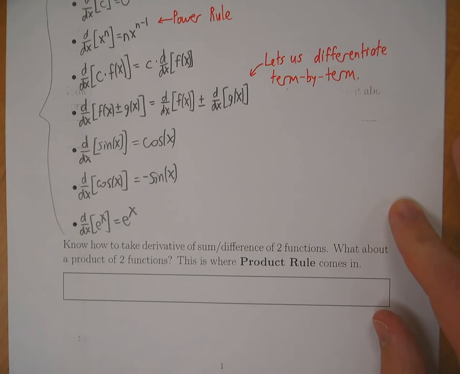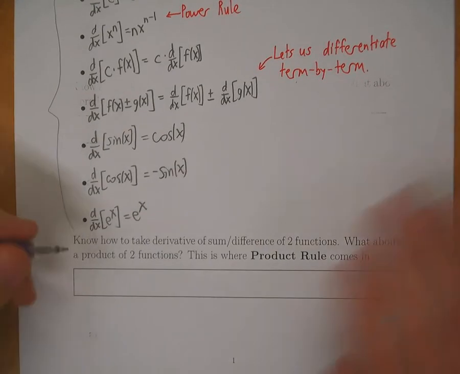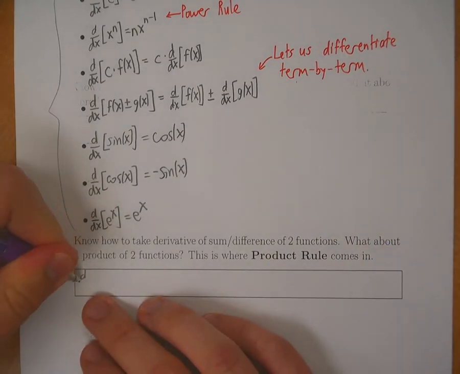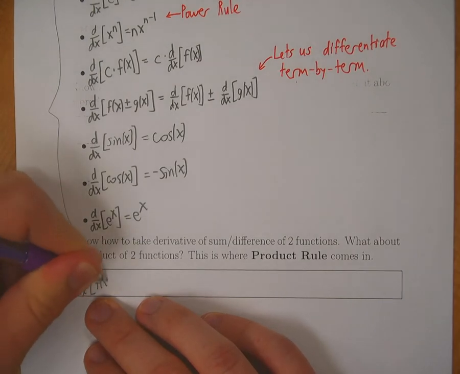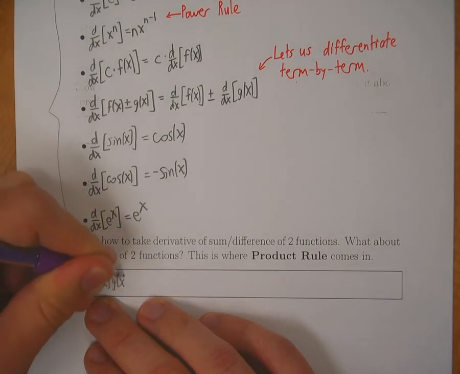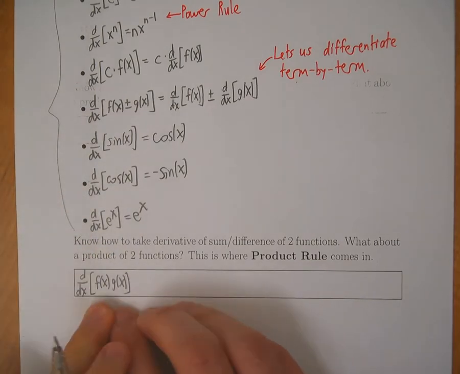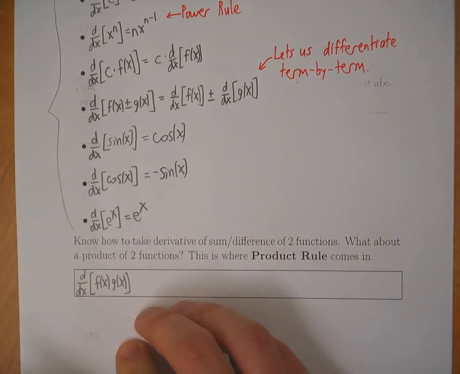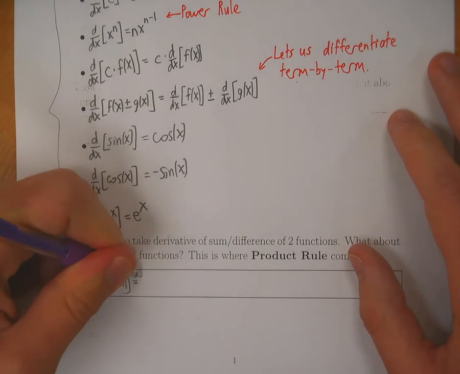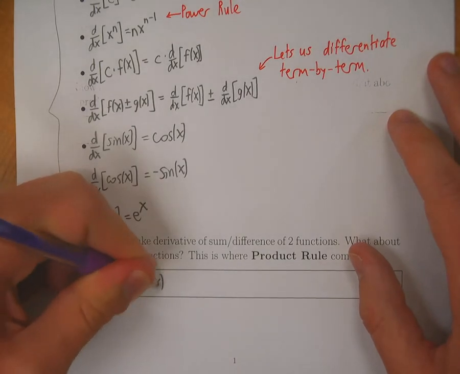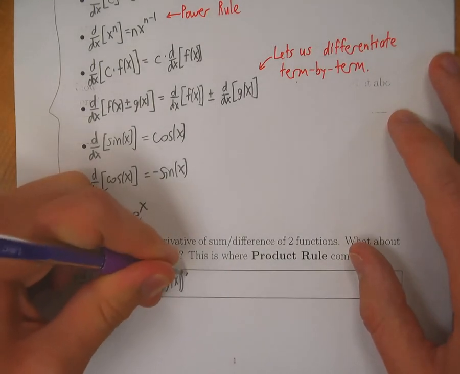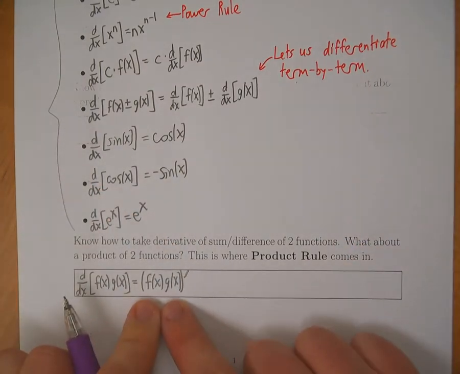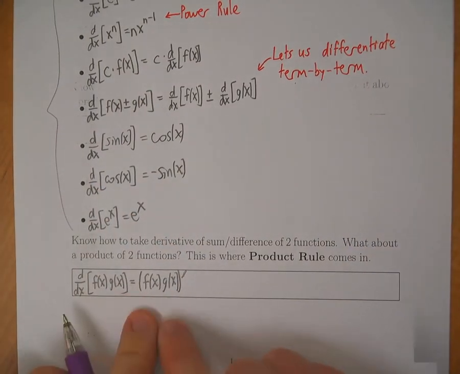So if you want to take the derivative of a product of two functions, then this is the same thing as saying f of x times g of x, prime. That's just a different way of saying the same thing.